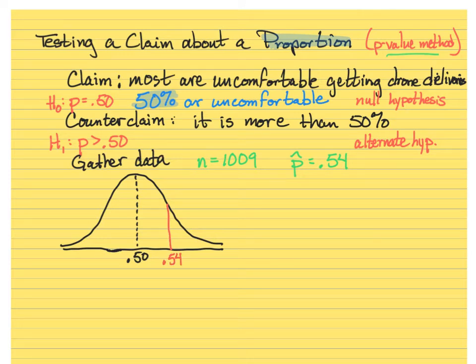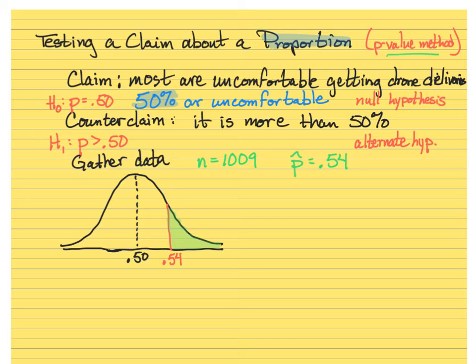So here's all we need to do. In order for me to gauge whether 54 is significantly different than 50, all I need to do is find this area right here, okay? So you see, this boils down to the same problems we've been doing. Somebody's made a claim, so that gave us the normal curve. We found a sample. We put our sample on their curve, and now we want to find that area.